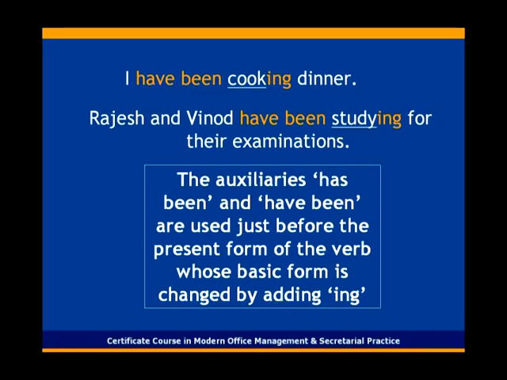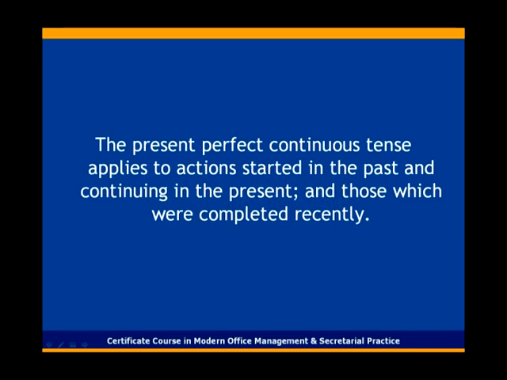The sentences show us that the present perfect continuous tense applies to actions which started in the past and which are continuing in the present, and those which were completed recently.